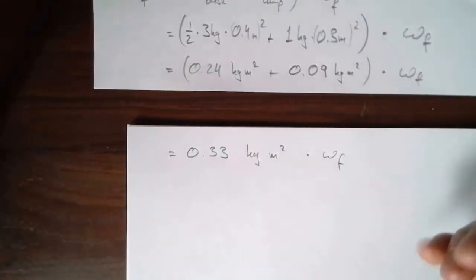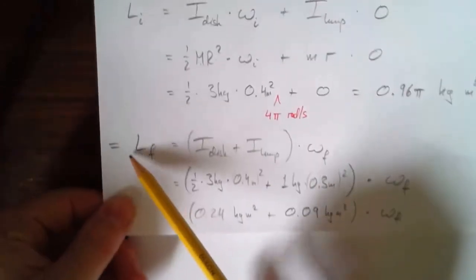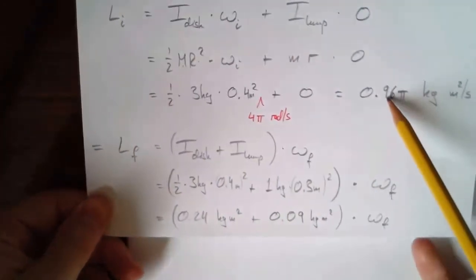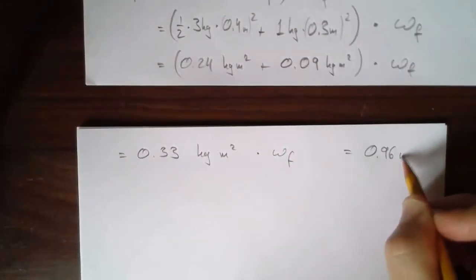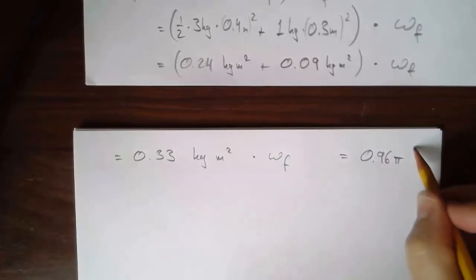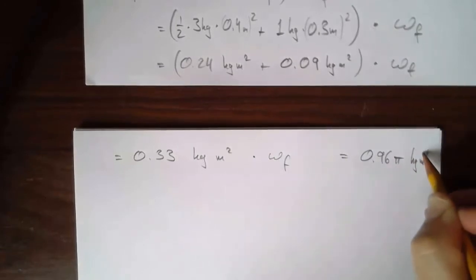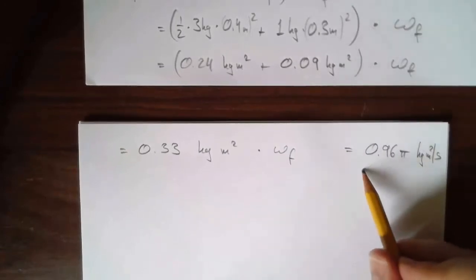But what is this all equal to? Well, we set up here that the final momentum is equal to the initial momentum, which is 0.96 pi kilogram meters squared per second.